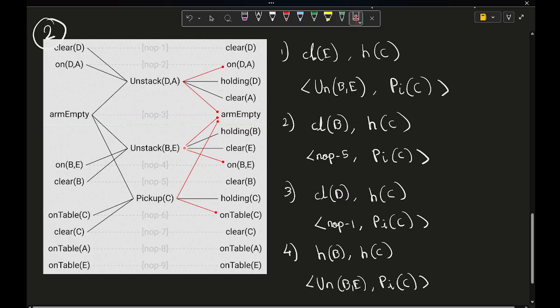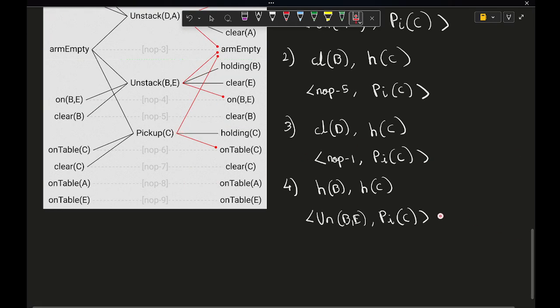These two are already mutex, so this is also mutex. Let's just check that this is the only one that's contributing to this, and pickup C is also this one. Okay, so this is also mutex.